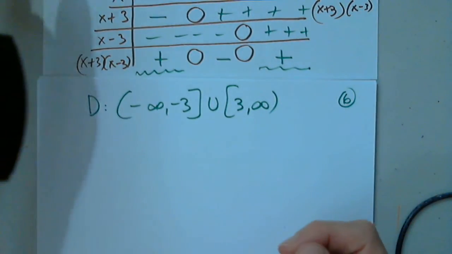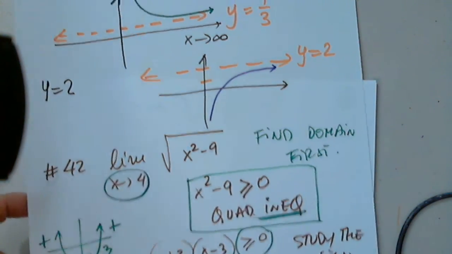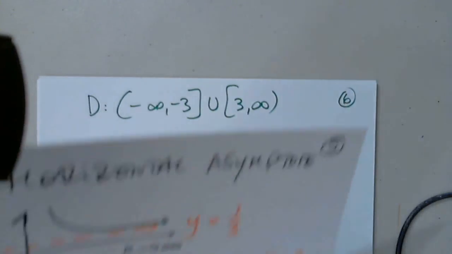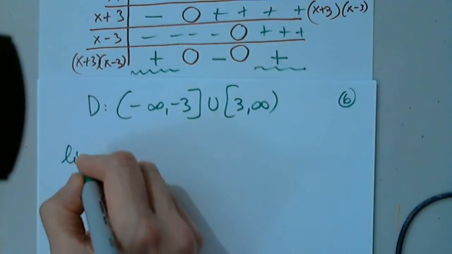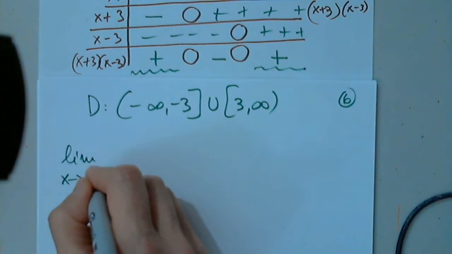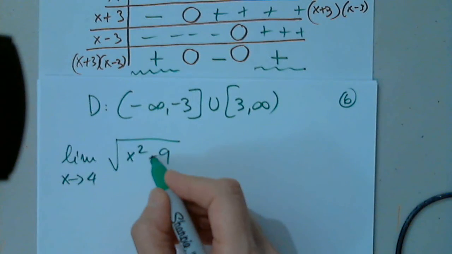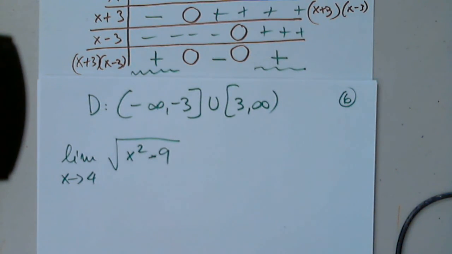So now, where is 4? Is 4 in the domain or not? Because if 4 is not in the domain, I will say DNE and I'm finished with the problem. Is 4 in the domain of this function? Yes. So please plug it in then. I am allowed to plug it in.